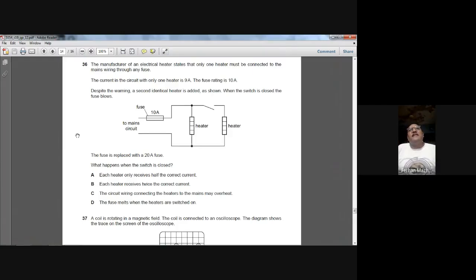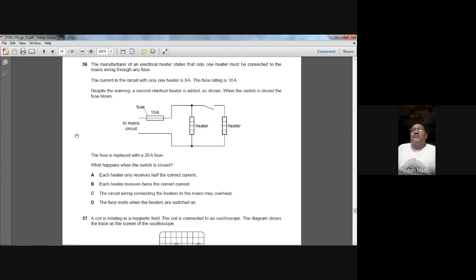Each heater only receives half the correct current, you know, because when you connect the two heaters in parallel to each other, their total resistance will become half, so the current will be increased. So they will still be getting the same amount of current as when there was a single heater. So A is wrong. Each heater receives twice the correct current.